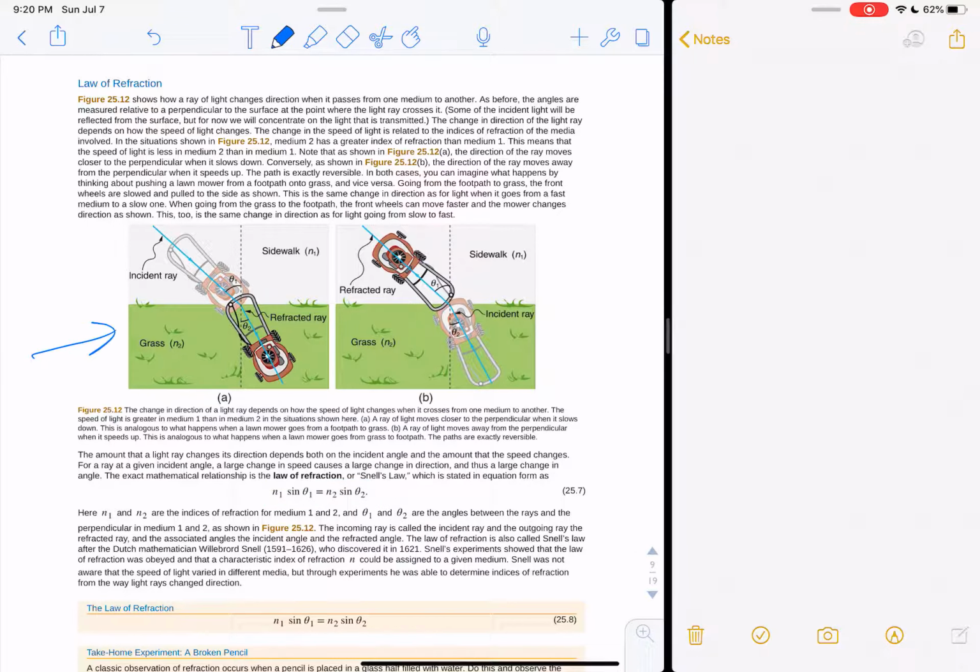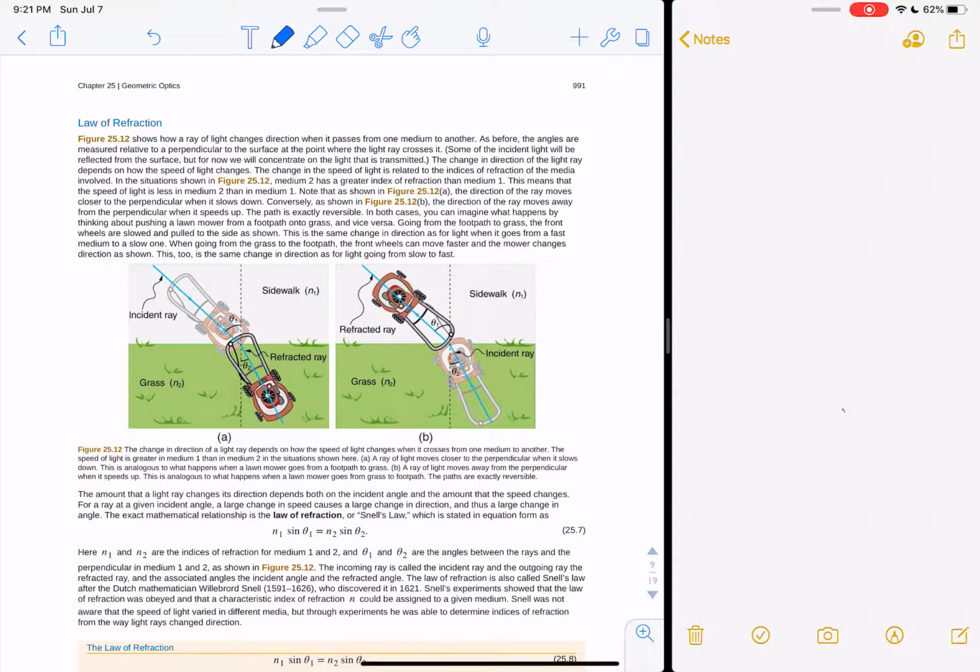These two pictures are stupid. This makes zero sense to me. I don't know what's going on with these lawnmowers or why they're using lawnmowers. I kind of get it because they're trying to say that this tire, when it hits the grass, is going to be bent this way. Okay, so let's show you what a normal person would have.